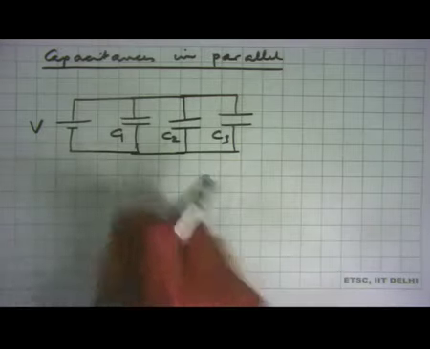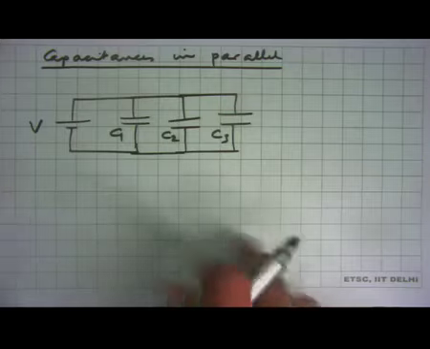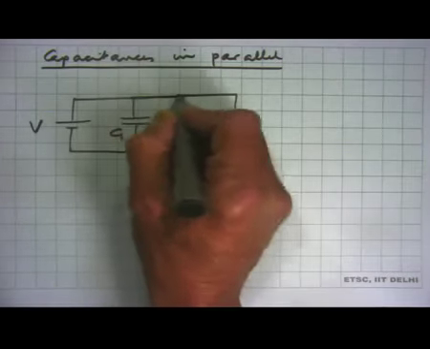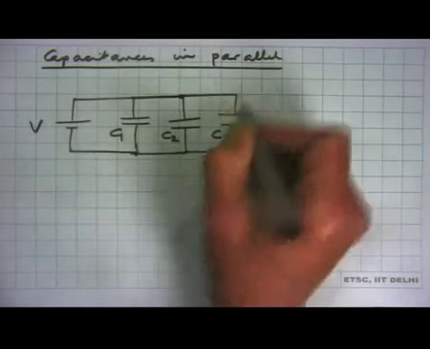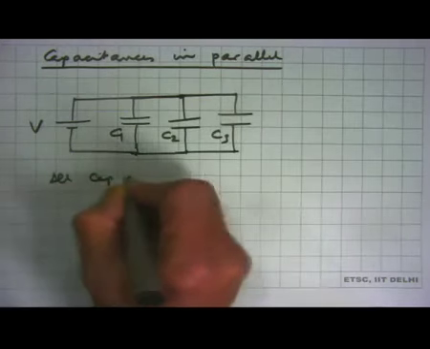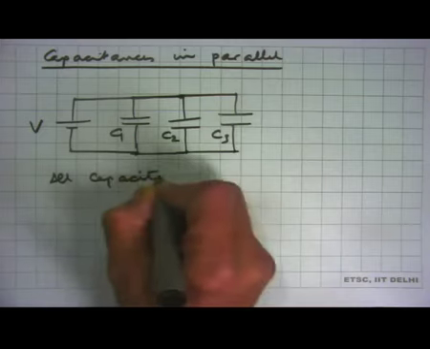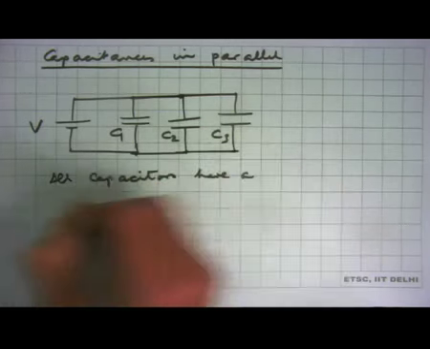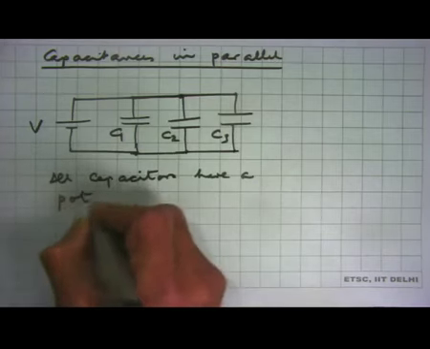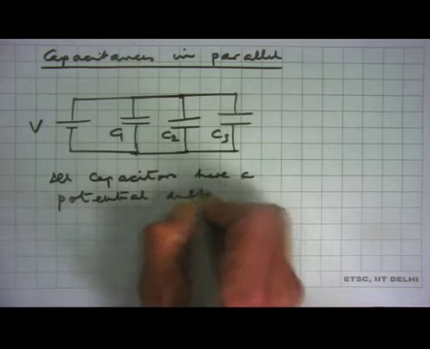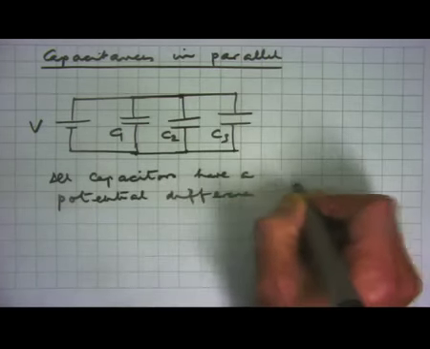The 3 capacitors are connected in parallel. You can see that the potential difference between these 2 points is V, between these 2 points is V, and these are all connected by conductors. So, this is also V, this potential difference is also V. So, all capacitors have a potential difference of V.